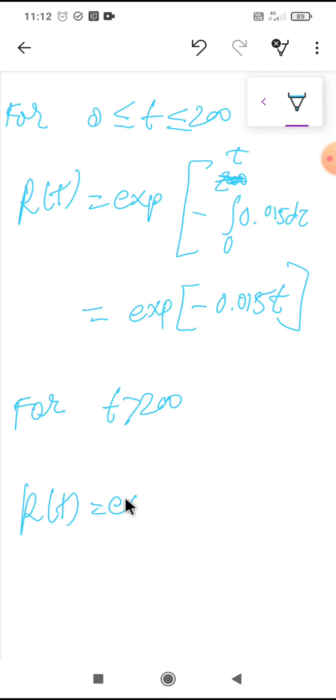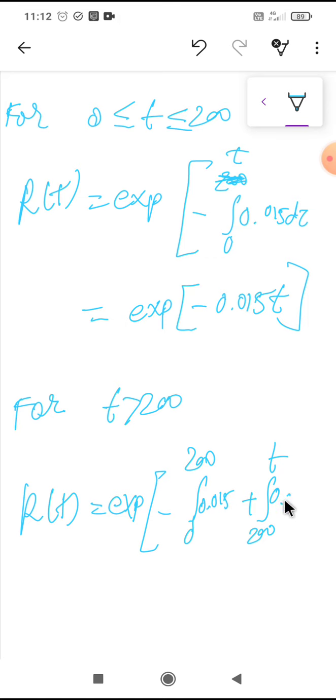We have to split it into two operators: minus the integral from 0 to 200 of 0.015 d tau, plus the integral from 200 to t of 0.025 d tau. So here is the reliability function.